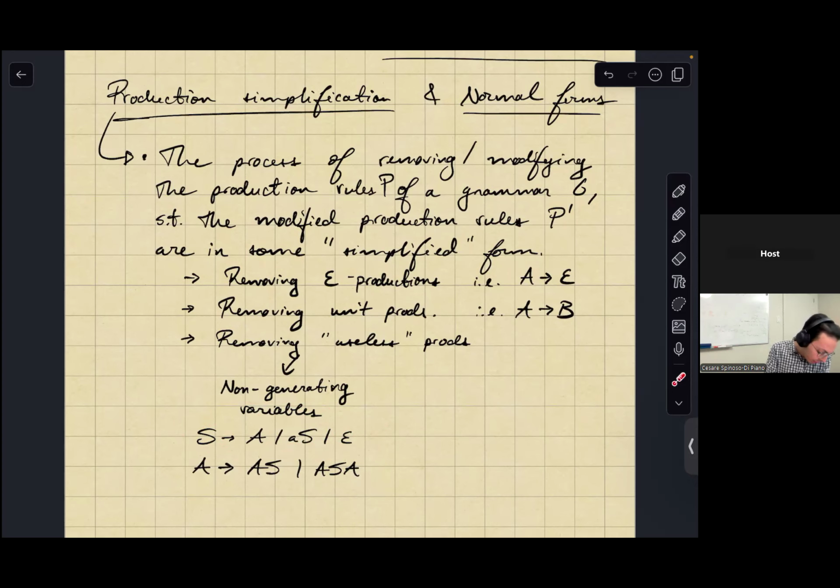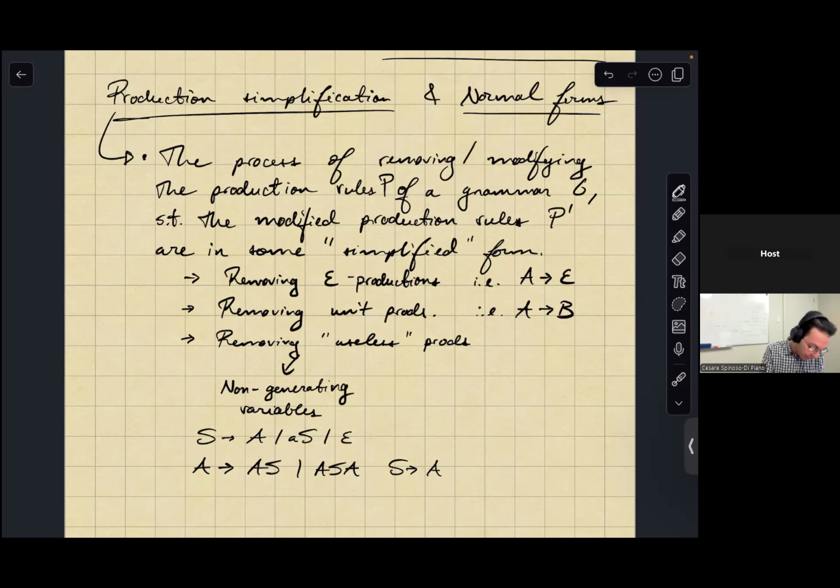Whereas if you use the variable A, right? If you jump from S to A and then you start using derivations with A on the left-hand side, then you're essentially stuck, in the sense that you're never going to be able to get rid of the variable A. Because if you did something like S gives you A, now you're at A, so now you're using the production rules for A. And what can you do?